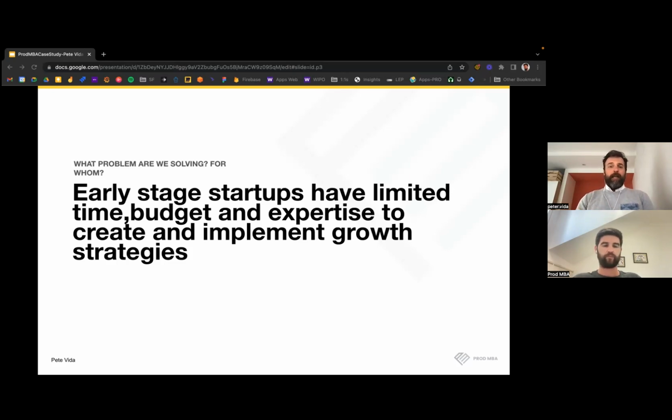But the more I talked with these founders, the more I realized that content is really a surface level problem. What they really want is to grow, to go deeper and have help on how to design a strategy and implement that strategy. This is how we came up with this problem statement.